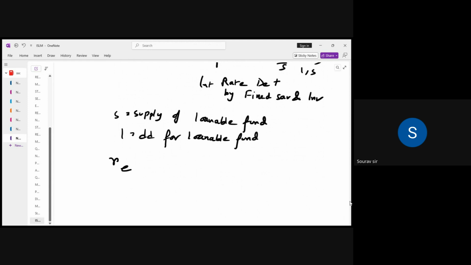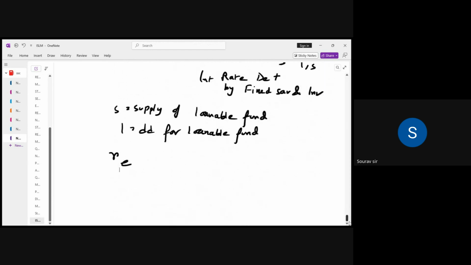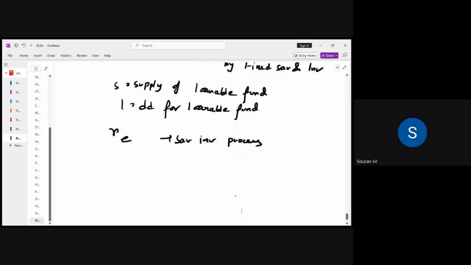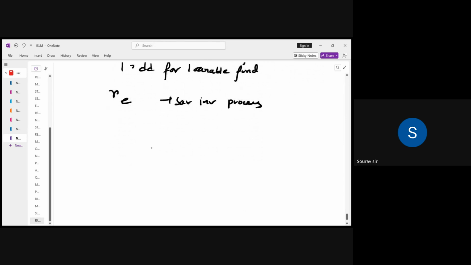As you can see by the diagram, it is determined at the intersection of the saving and investment schedules. At this rate, the household desire to save balances the firm desire to invest, and the quantity of loanable funds demanded is equal to the quantity supplied.